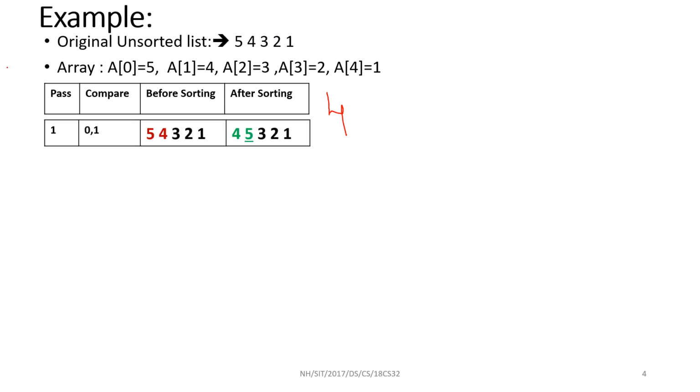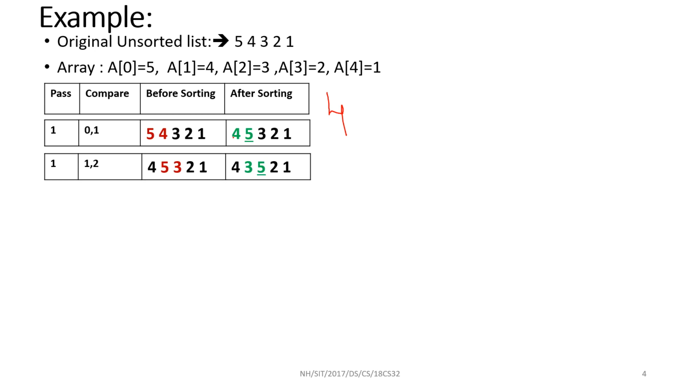We will see that in the animation part. Now in the first pass, we are in the first comparison, comparing 5 and 4. 5 is bigger than 4, so we have to swap. After swapping, 4 and 5 change their places. As you can see, the bigger element is moving to the next place.